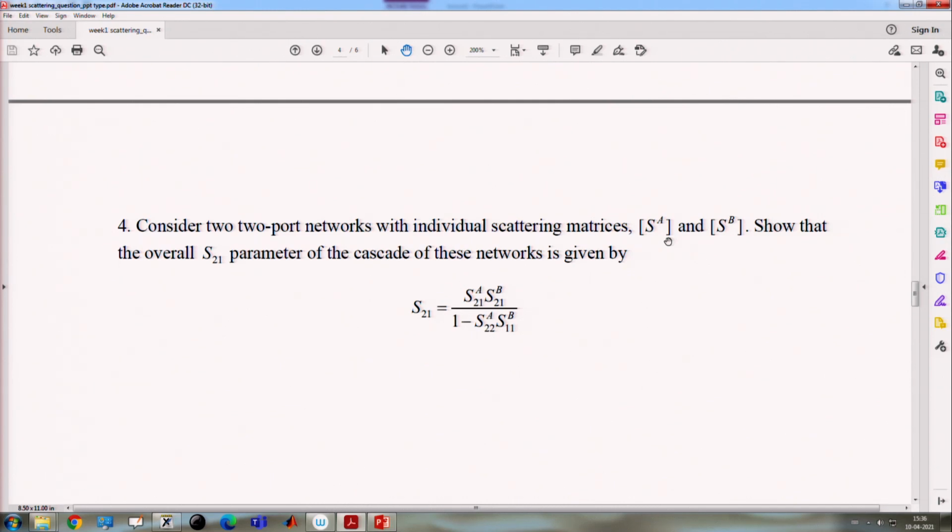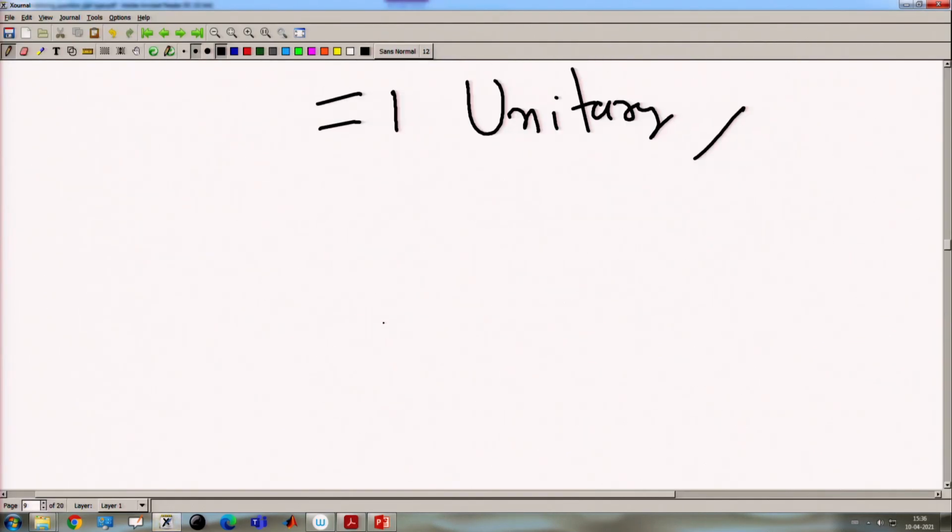So, here it is a two-port network. First is like this, having SA, we can denote it like this.